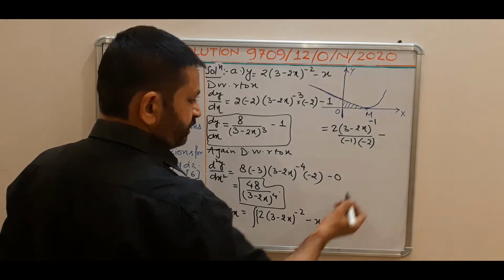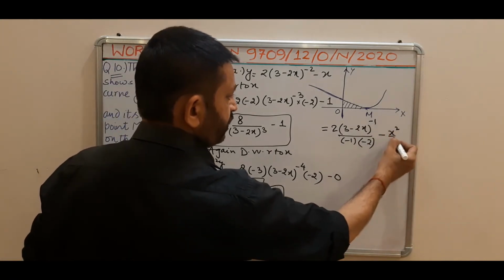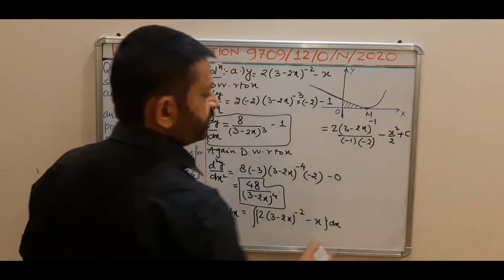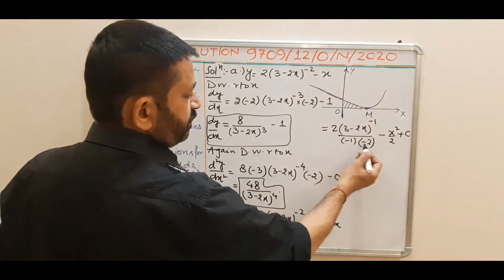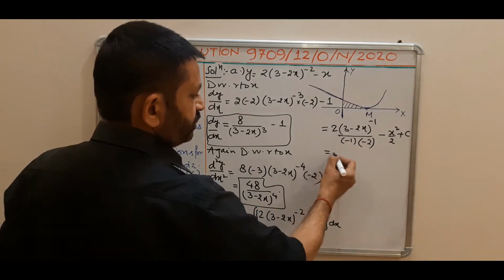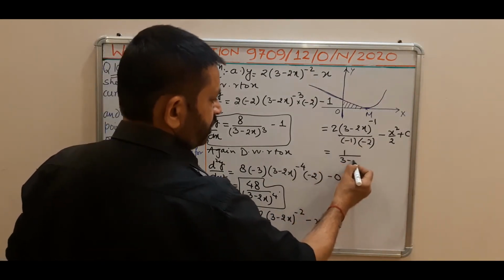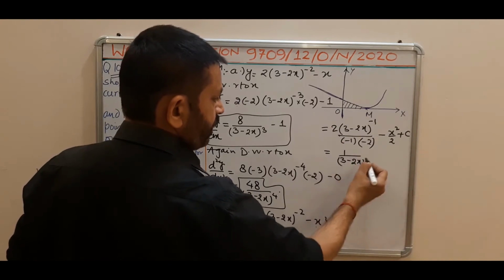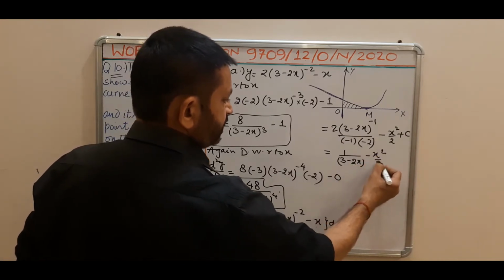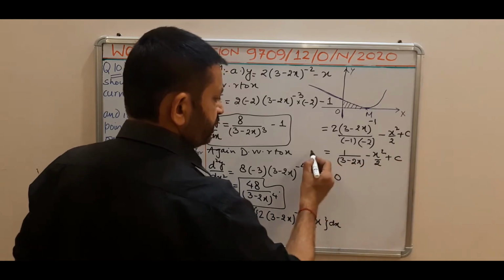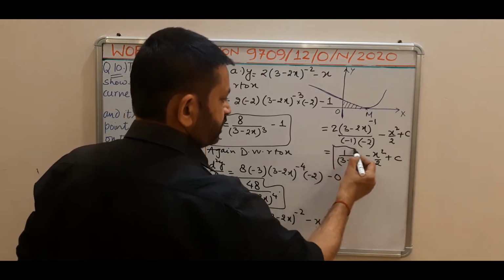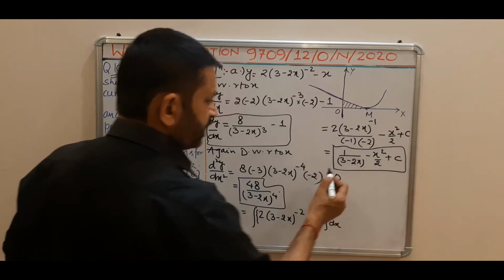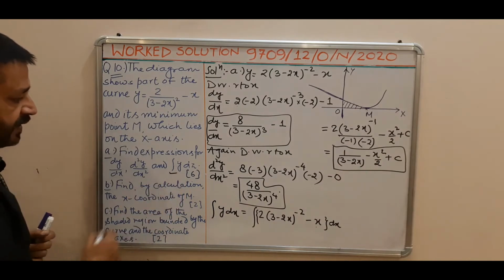Minus the integral of x will be x square upon 2, plus constant of integration c. So the 2 and 2 will cancel out, and it is 1 upon (3 minus 2x) minus x square upon 2 plus c. This is the answer for the third part, that is the integral of y dx.